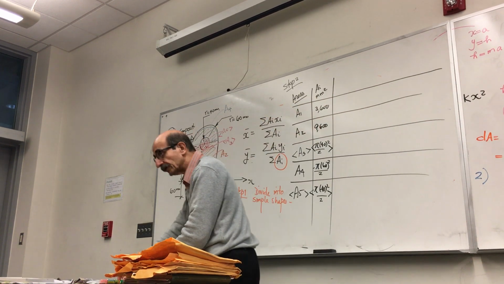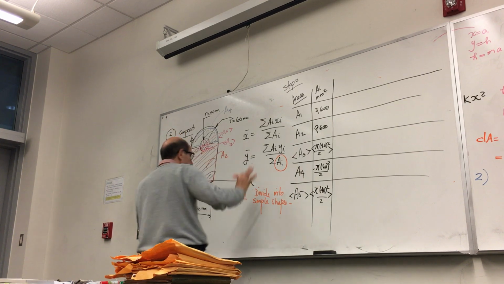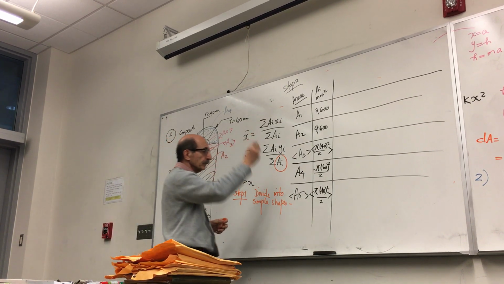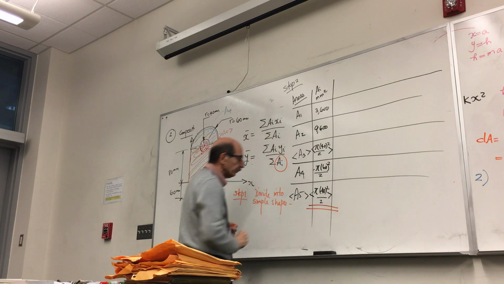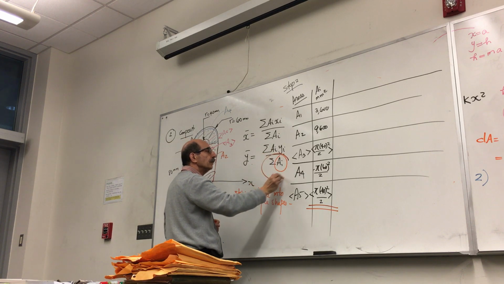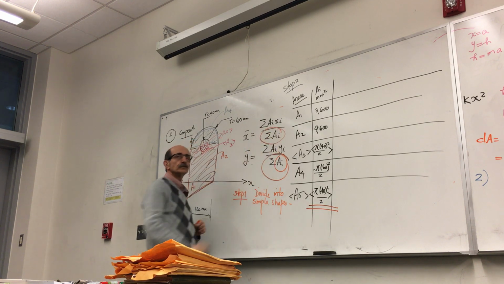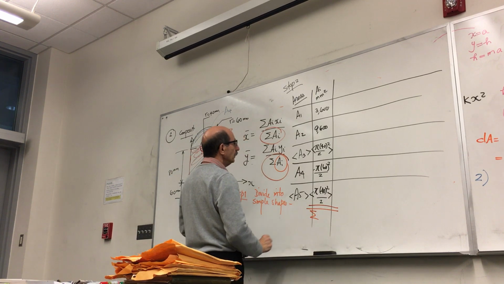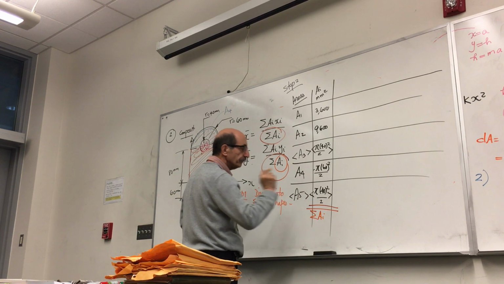I'm going to just finish this and stop here, and finish it the next time. But look, if you add these up, what do you get? The denominator of these two formulas. In other words, this is sigma ai.